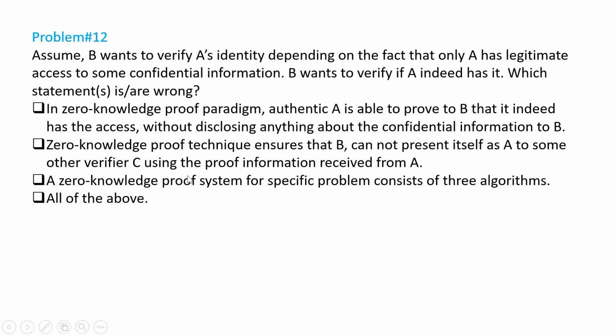But the point here in our scenario is that there are basically two scenarios. One is that the verifier is corrupted, another is that the prover is corrupted. If the prover is corrupted, that is the case when A dash comes in and claims falsely that it has access to confidential information.